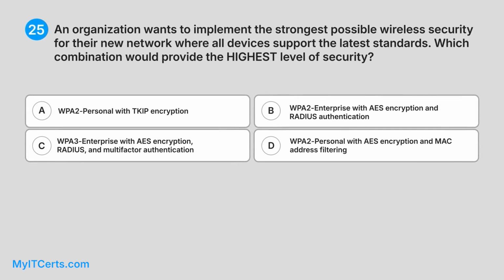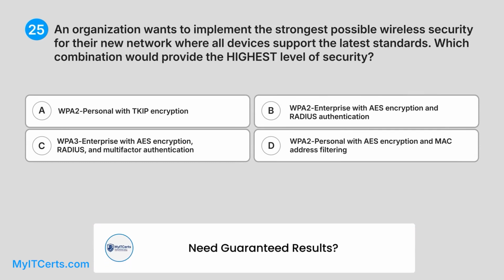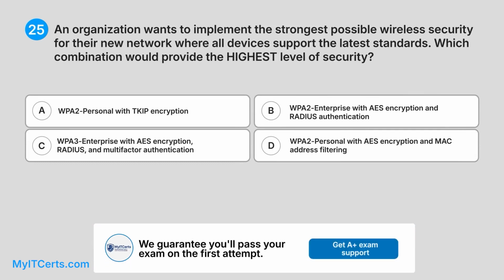25. An organization wants to implement the strongest possible wireless security for their new network, where all devices support the latest standards. Which combination would provide the highest level of security? A. WPA2 Personal with TKIP encryption.